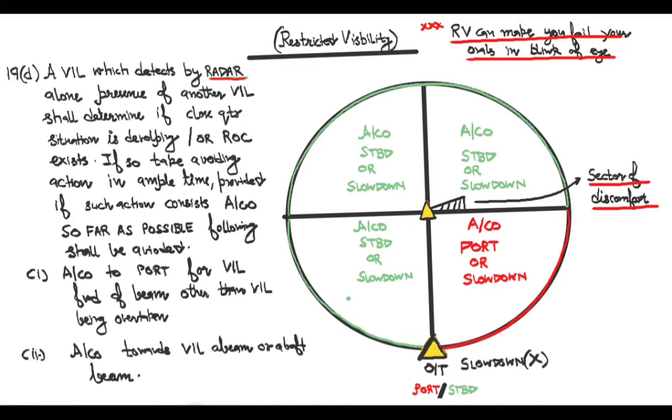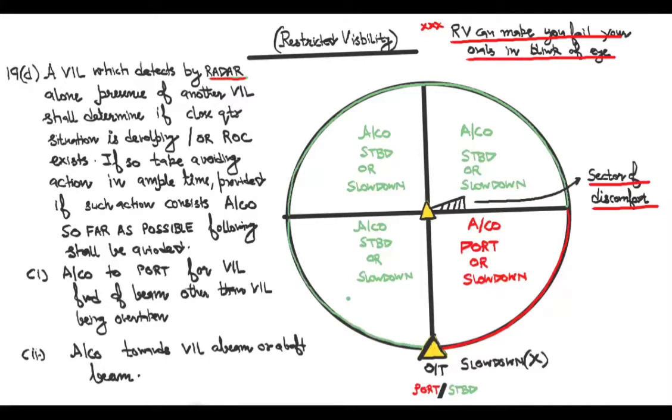So you have a person standing on the bridge wing, or stationed at the forecastle if you want him to, or you have extra lookouts inside the bridge who are hearing, and what they are hearing is fog signals of other vessels. And the same thing you can verify on the ARPA also.